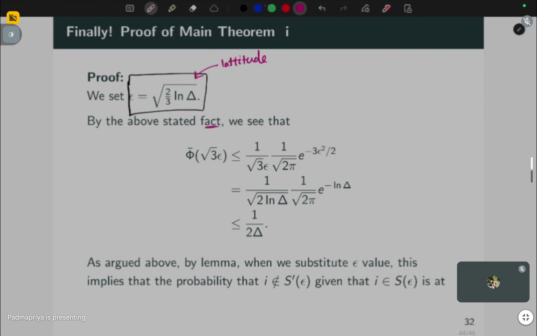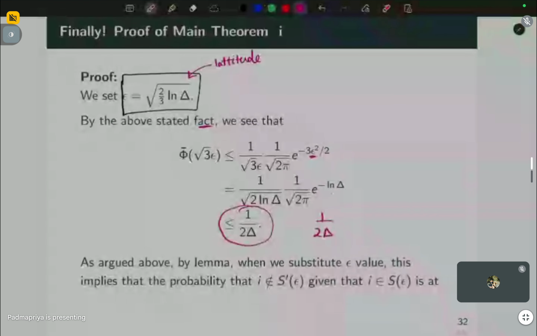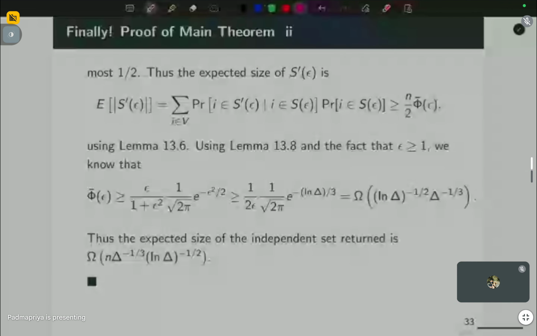I'm just plugging in values over here, and plugging in also the epsilon value shows us this number is at most 1 by 2 delta. And this gives half probability.